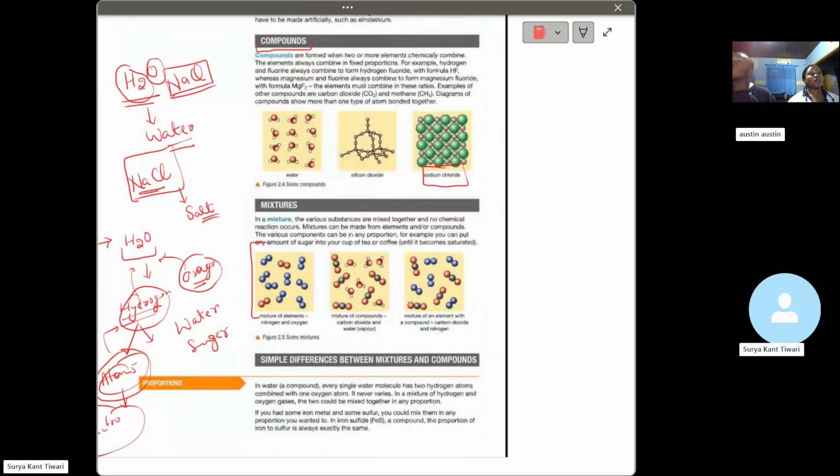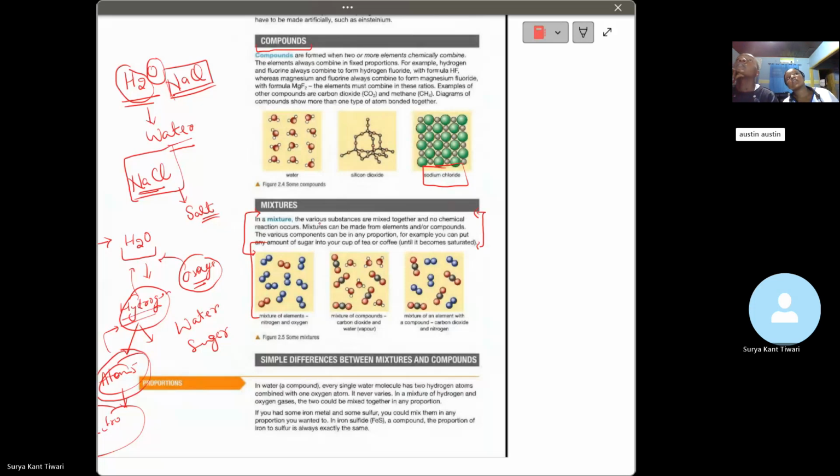Can you read this paragraph? In a mixture, the various substances are mixed together and no chemical reactions occur. Mixtures can be made from elements and or compounds.